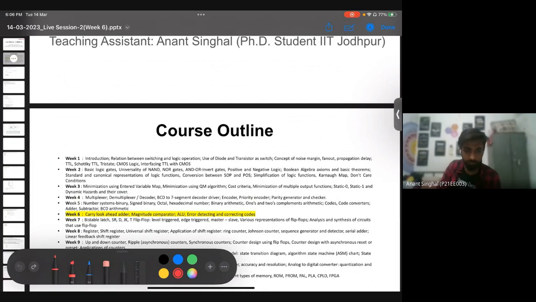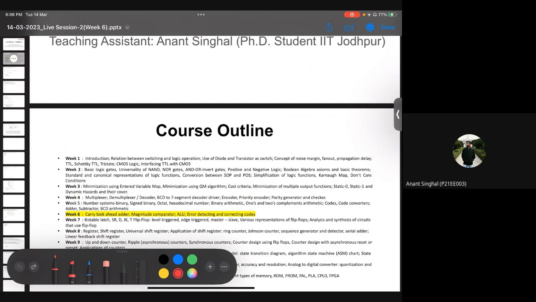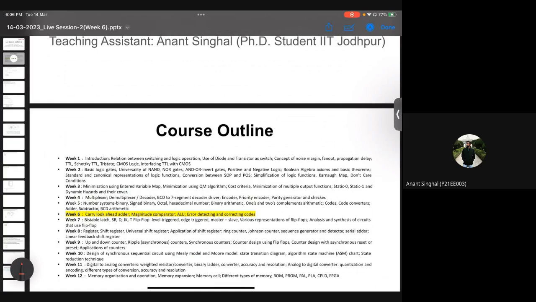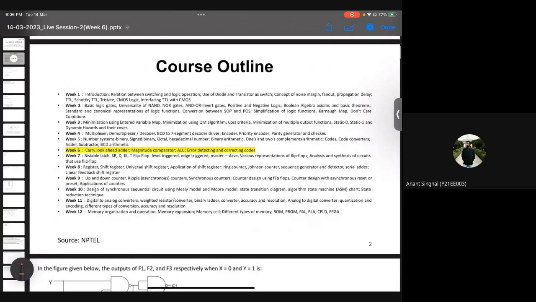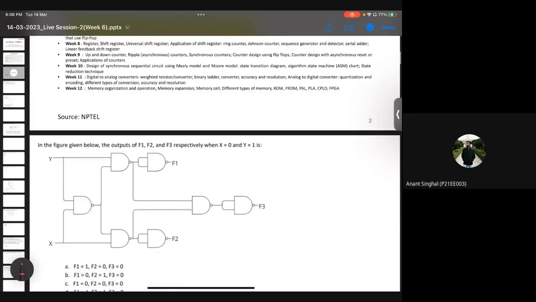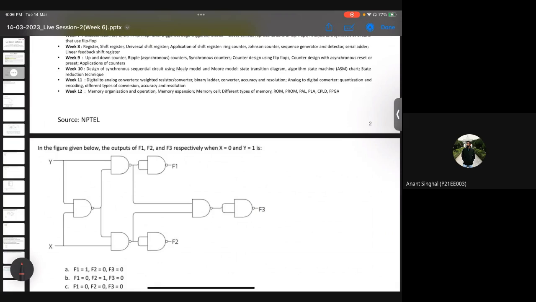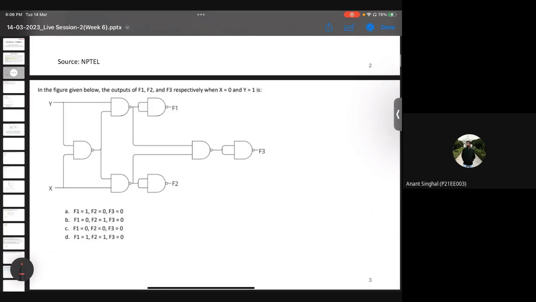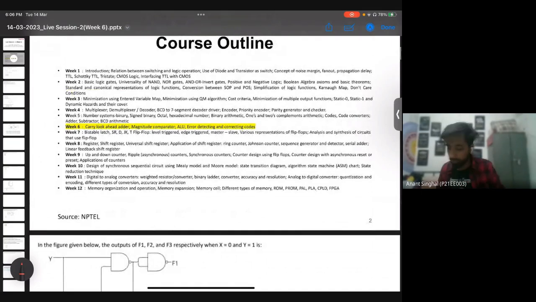Give me a moment. Okay, so there's some problem with the pencil, so I'll try to solve the questions manually by just telling you the answer.